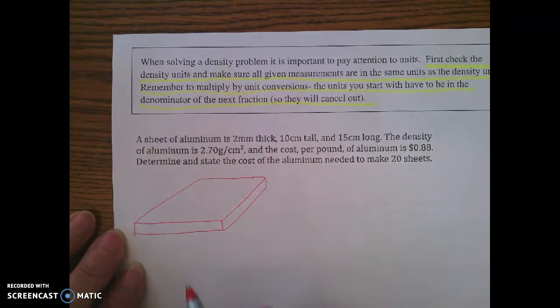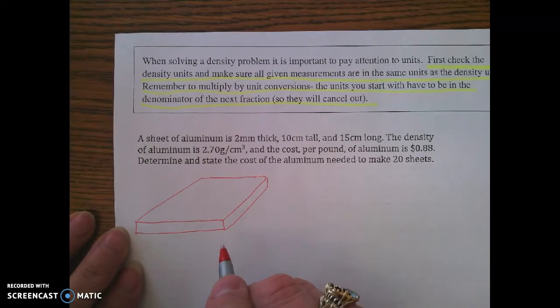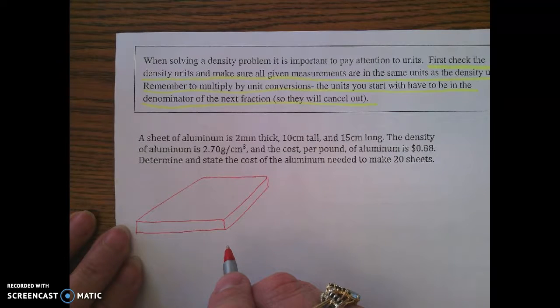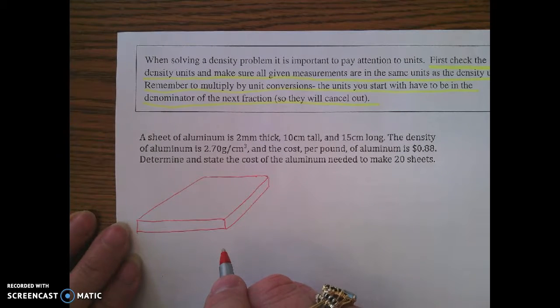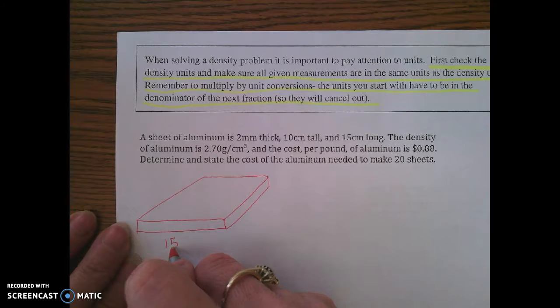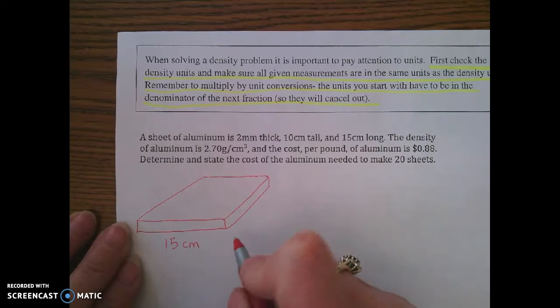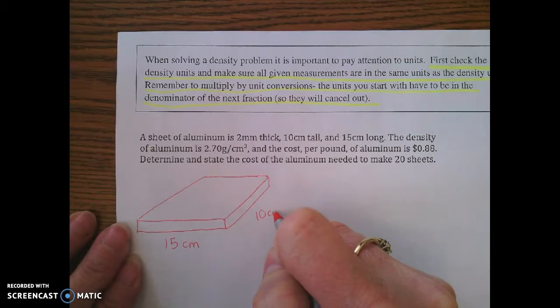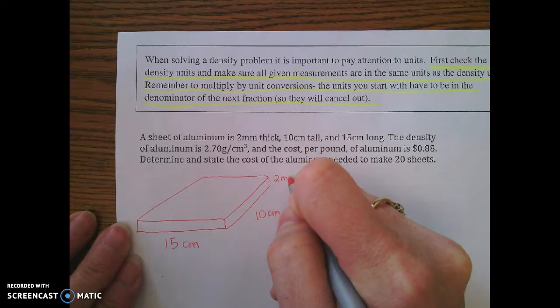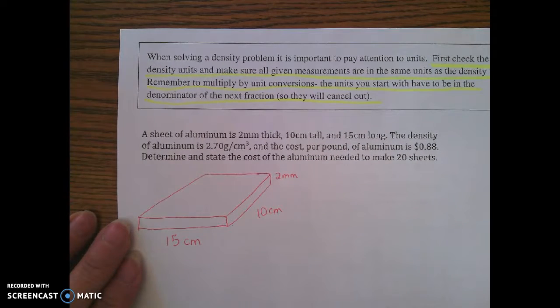Something like that, maybe. So we have 2 millimeters thick, 10 centimeters tall, and 15 centimeters long. It doesn't matter where you put these. How about something like that? All right.